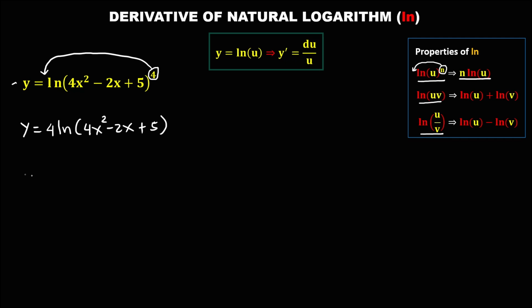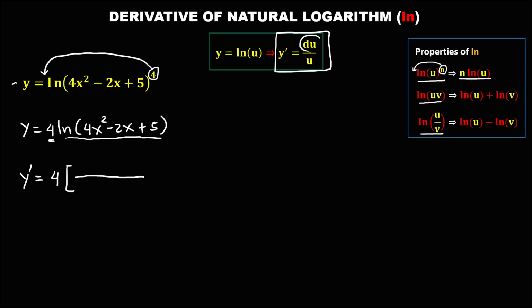Then to find now the derivative, y prime equals, just bring down the constant, then times the derivative of ln of 4x squared minus 2x plus 5 from this formula. So again, the numerator is the derivative of u, and this is u.